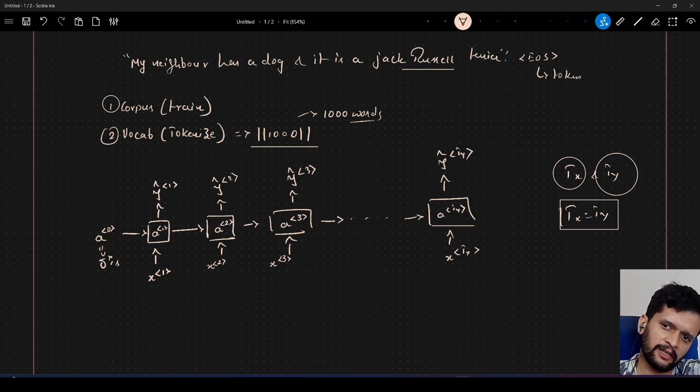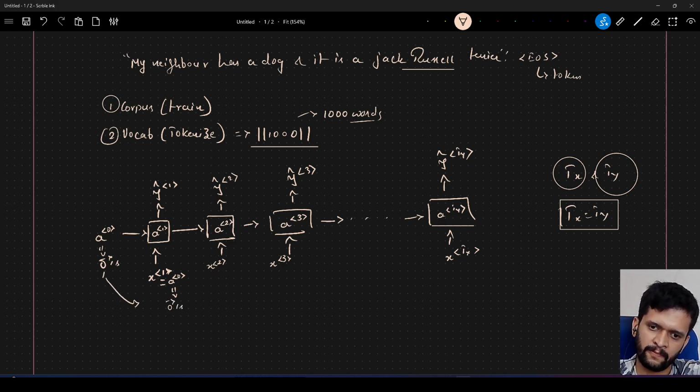Now I have this basic RNN model, and if I want to train it in order to complete my statements, this is how I will do it. Starting at time 0, I'll feed in a vector of all zeros, and x1 will be equal to a0. Again, it's a vector of all zeros.